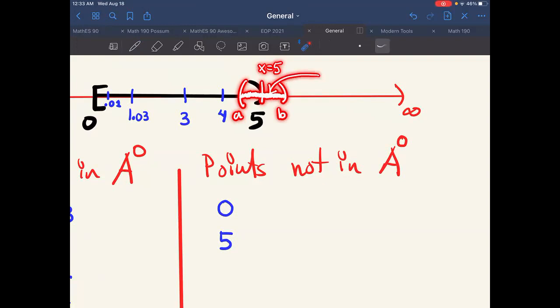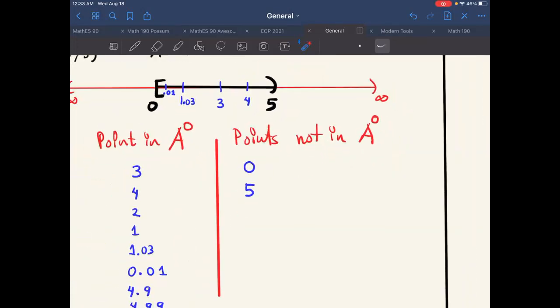The part on the right of 5, there will be points that are not in the black set. In fact, x equals 5 is not in the black set. So that's why 5 is not an interior point. Likewise, 6 is not an interior point, 7 is not an interior point, -1 is not interior.